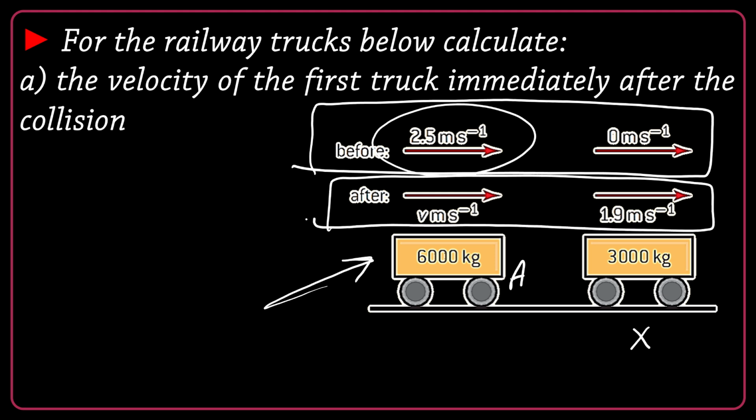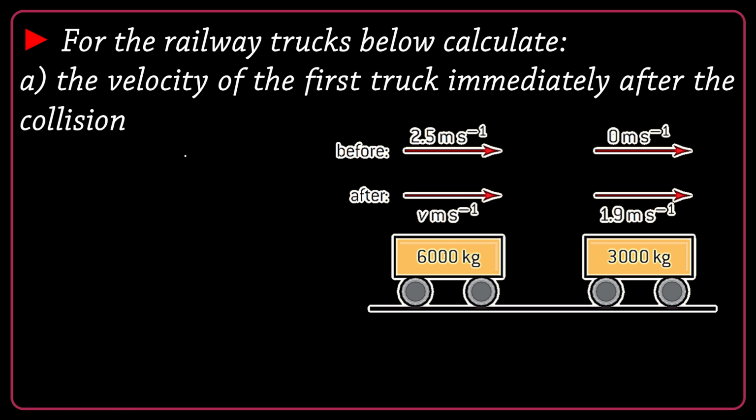After the collision, I don't know what will happen to A, and I will be looking for V, but object B is moving to the right at a speed of 1.9 meter per second. Part A, the velocity of the first cart immediately after the collision.